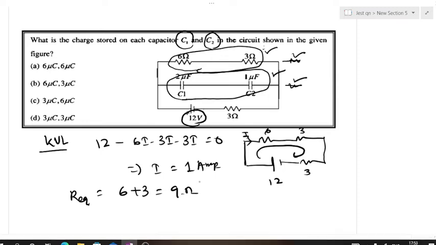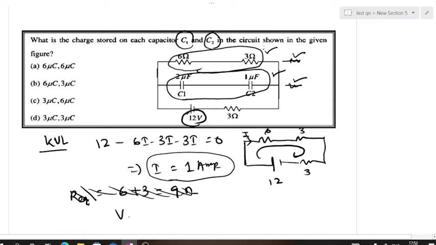But we don't need R equivalent actually. We have I, so the voltage developed across 6 will be 6 into 1, which is 6 volt, and the voltage developed across 3 will be 3 into 1, which is 3 volt.